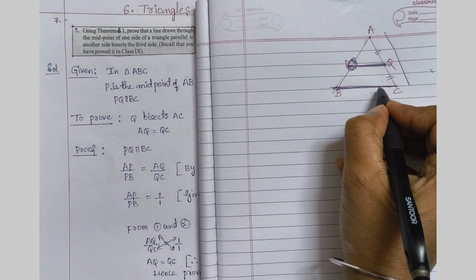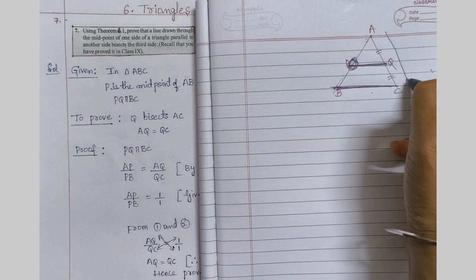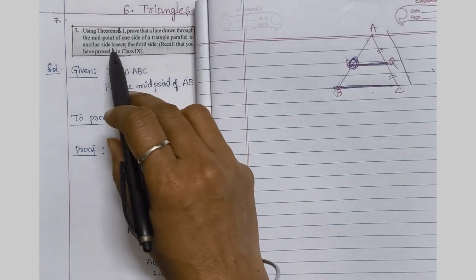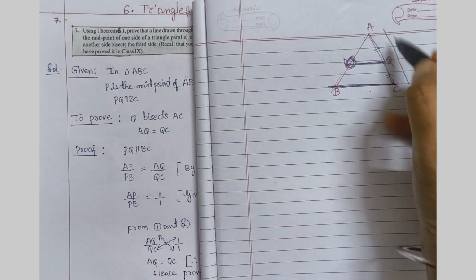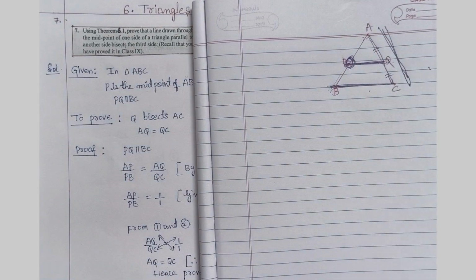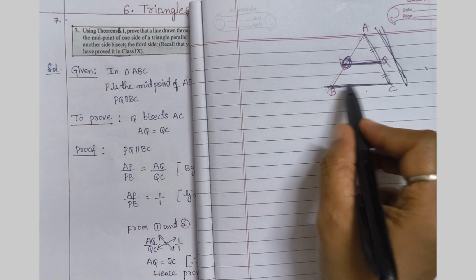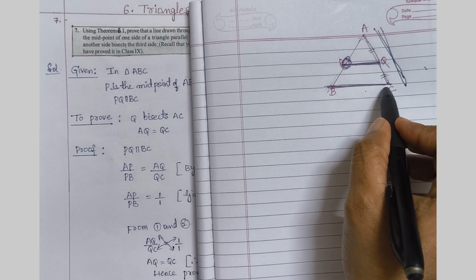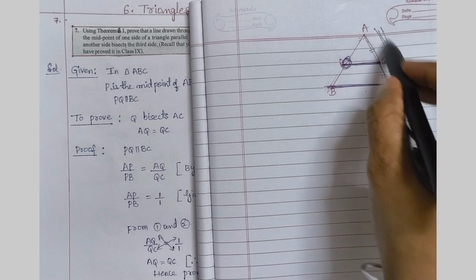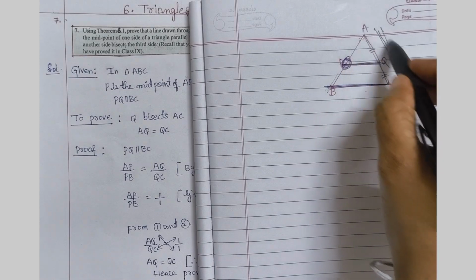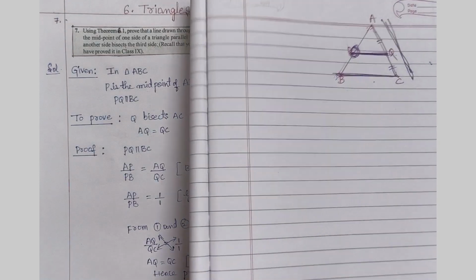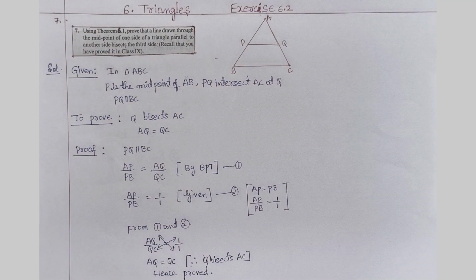Now we have to prove that the third side will be bisected. This is the question. One side midpoint, you are drawing a line, that line is parallel to another side. Next, the third side will be bisected. You have to prove. This is the question. Are you clear? I think.